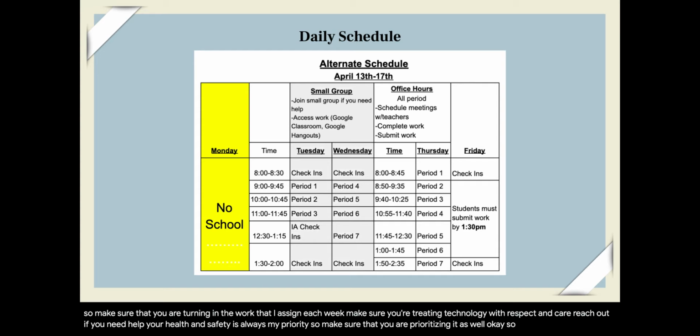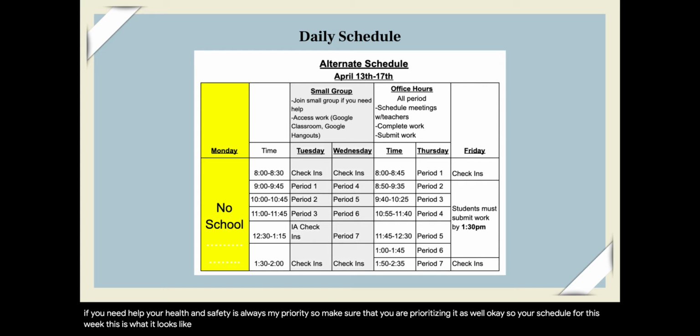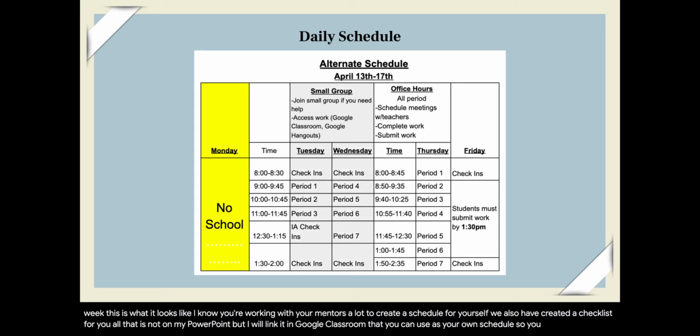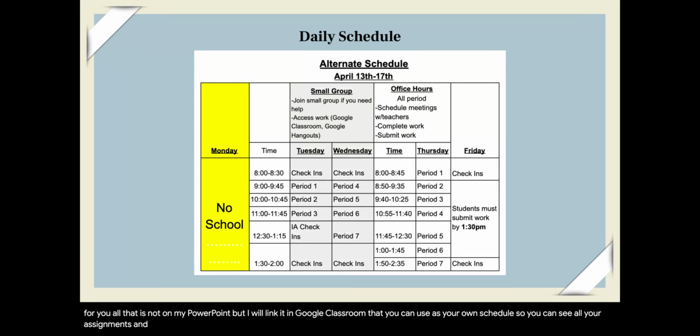Okay, so your schedule for this week, this is what it looks like. I know you're working with your mentors a lot to create a schedule for yourself. We also have created a checklist for you all that is not on my PowerPoint, but I will link it in Google Classroom that you can use as your own schedule so you can see all your assignments in one place.